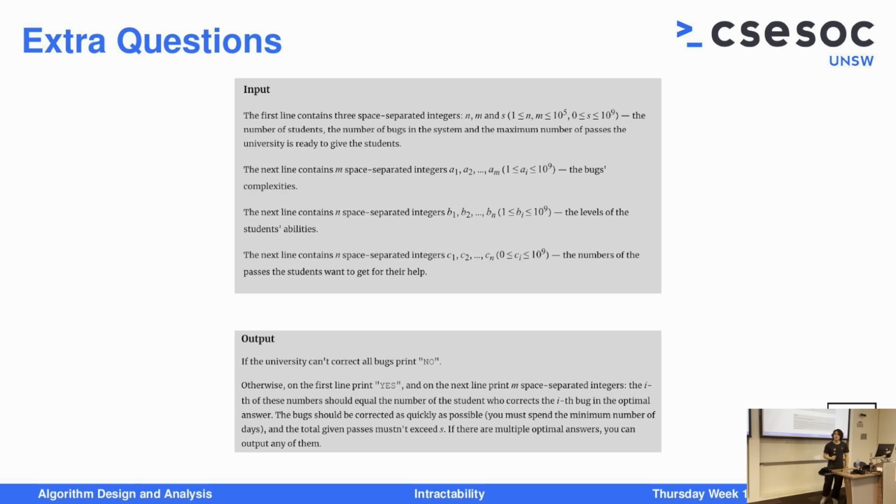The problem now is that I need to minimize the number of days as well. So, for example, if I now had 2 bugs and the same people, we know the second person should do it today, but it's not optimal, because imagine if the second person didn't have the correct ability to do it.